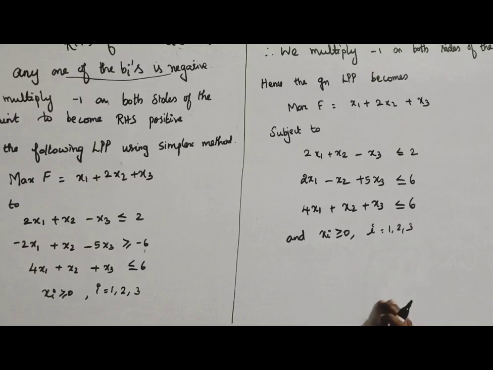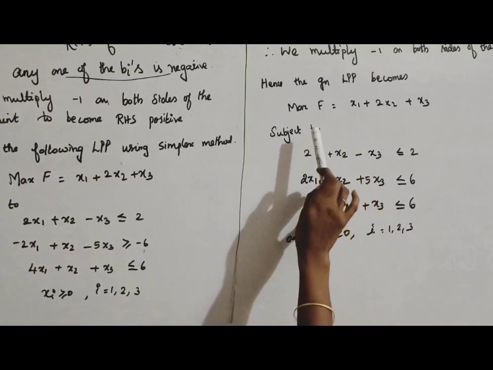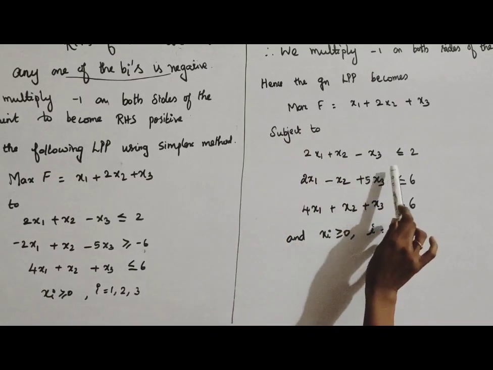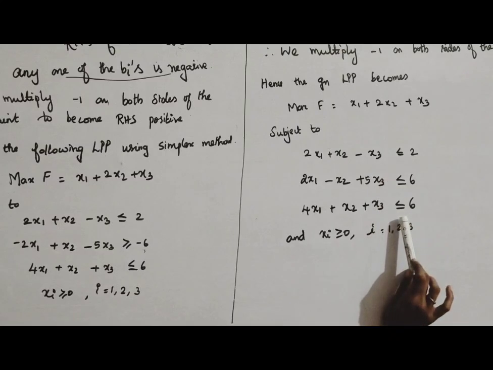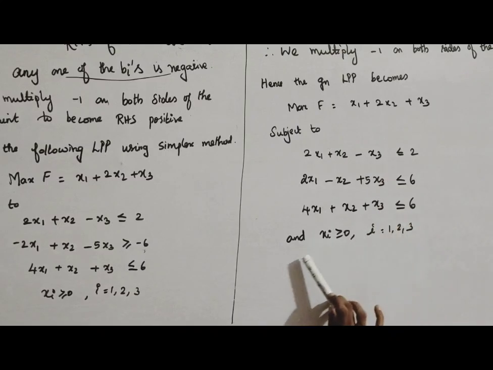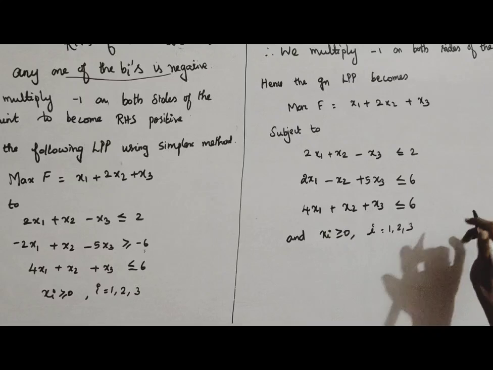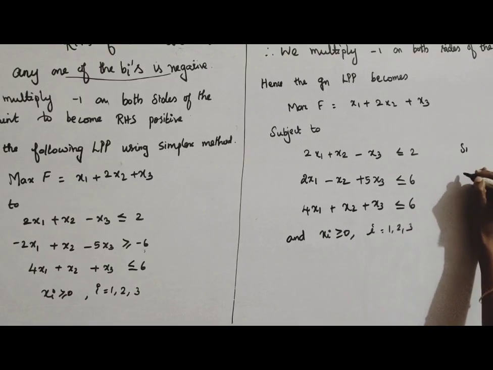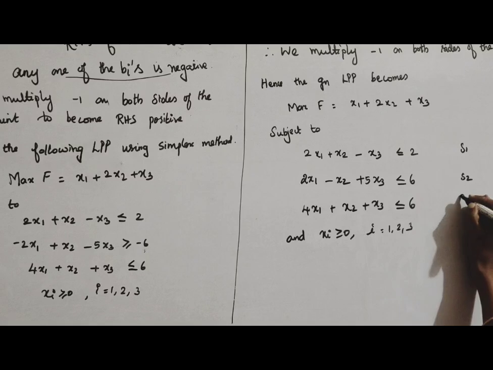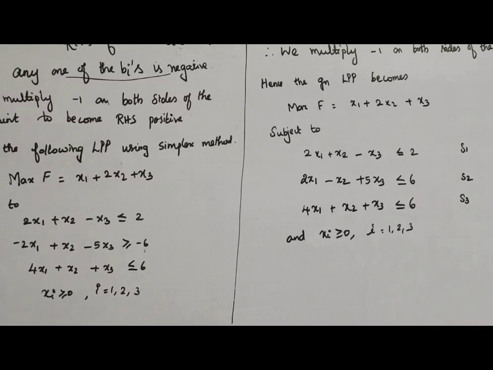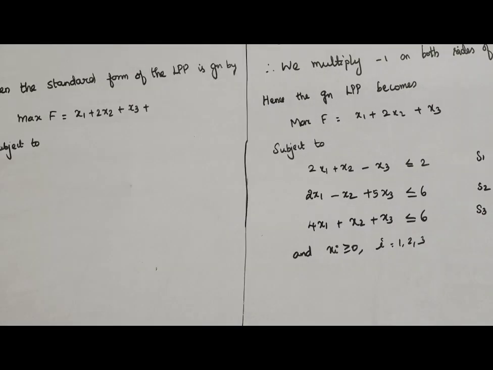Here the objective function is of maximization type and all the constraints are of less than or equal to type and the non-negative variables are positive. So we have to introduce 3 slack variables because there are 3 constraints. Therefore, introduce S1 to the first constraint, S2 to the second constraint and S3 to the third constraint.